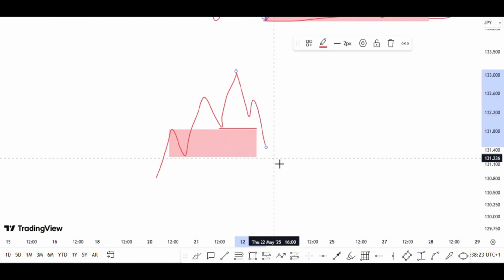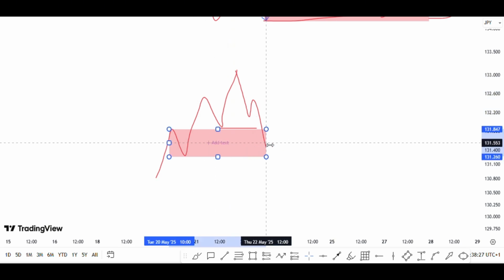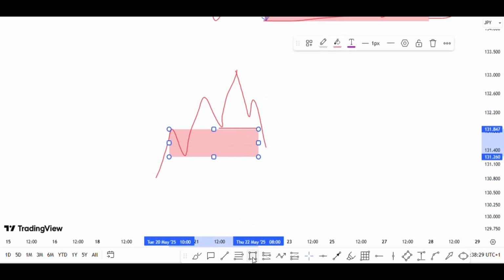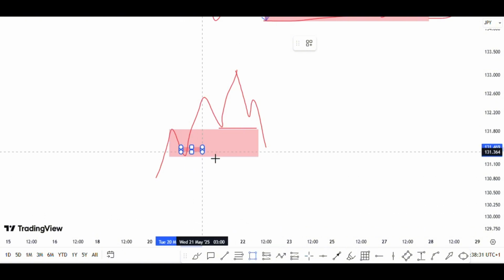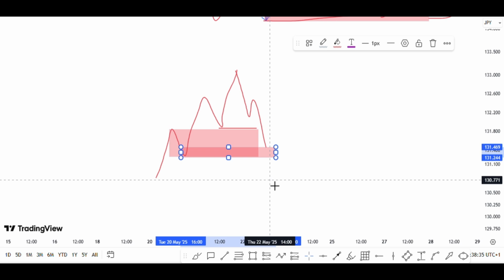If this happens, now inside this place, if you want to refine this order flow, then that's when you can look for an order block. So let's say you have an order block here. The essence of the order block is to increase your risk to reward. Sometimes the order flow might be too big.